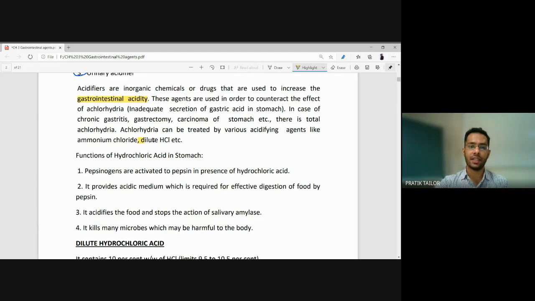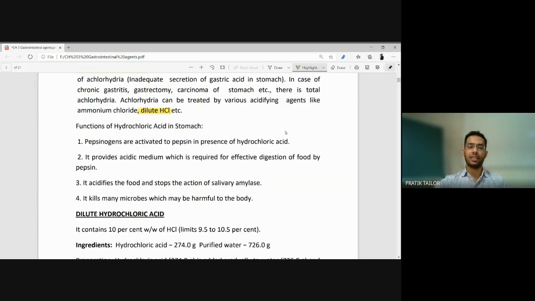Various acidifiers can be used, and we will take the example of dilute hydrochloric acid. It will acidify the food and stop the action of salivary amylase. It will provide the acidic medium for food digestion. It also kills the microorganisms.